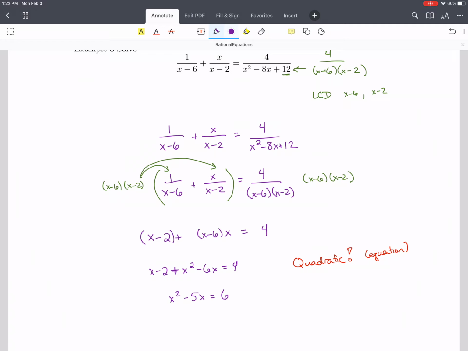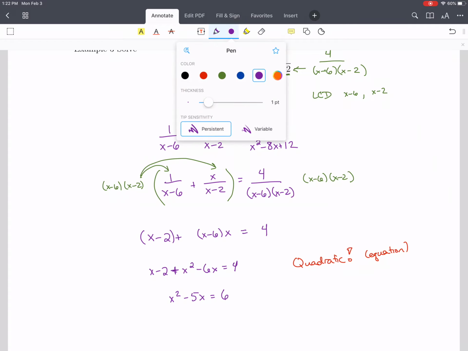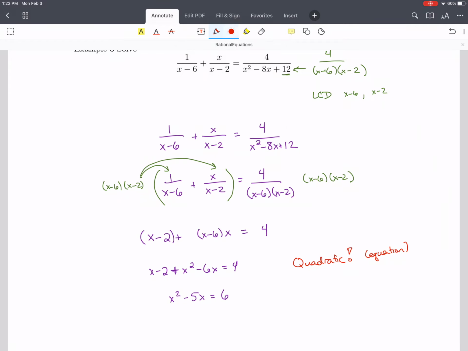But I can't solve this using square roots if I have both a bx term and an x squared term. So there's two options I have. I'm going to write this in standard form, which is ax squared plus bx plus c equals 0.